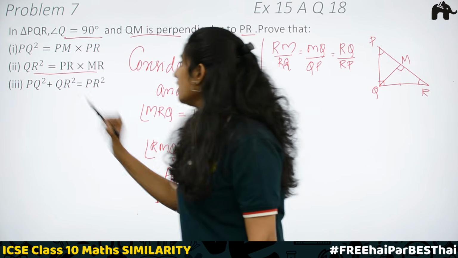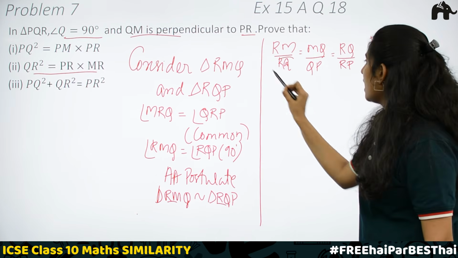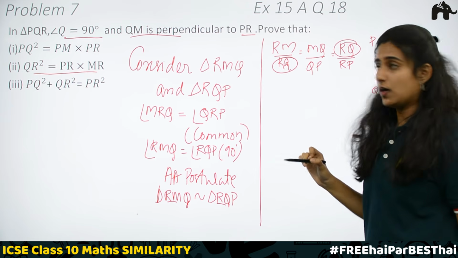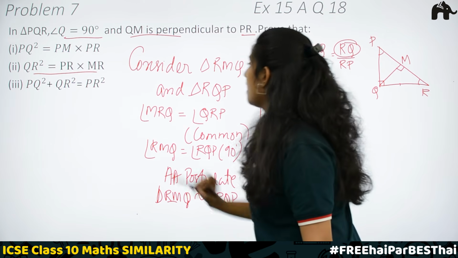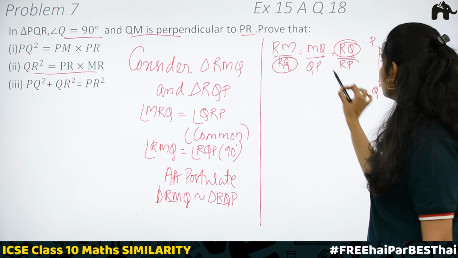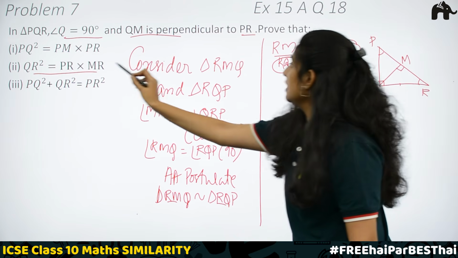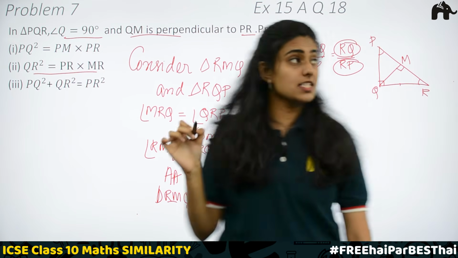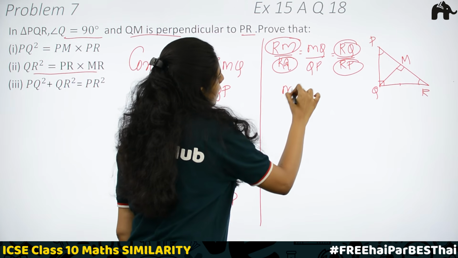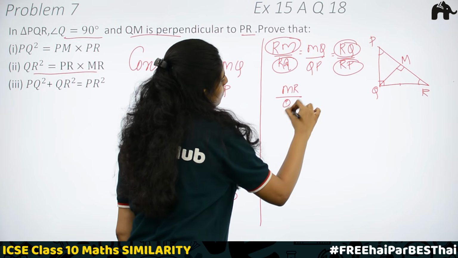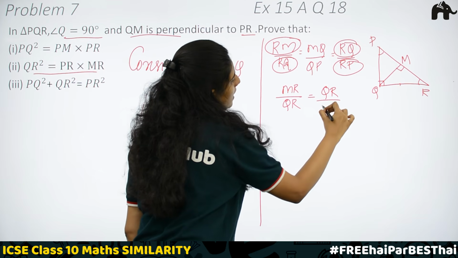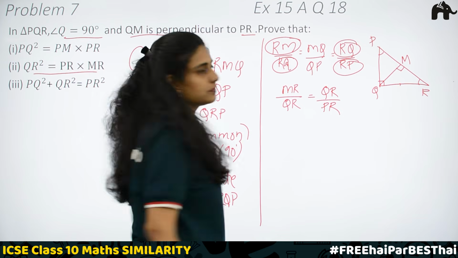We need QR; here we have RQ, that is QR. Then here again we have RQ, QR. We need PR; RP is PR. Then we need MR; here we have RM. So neglecting this part, we get MR by QR is equal to QR by PR.